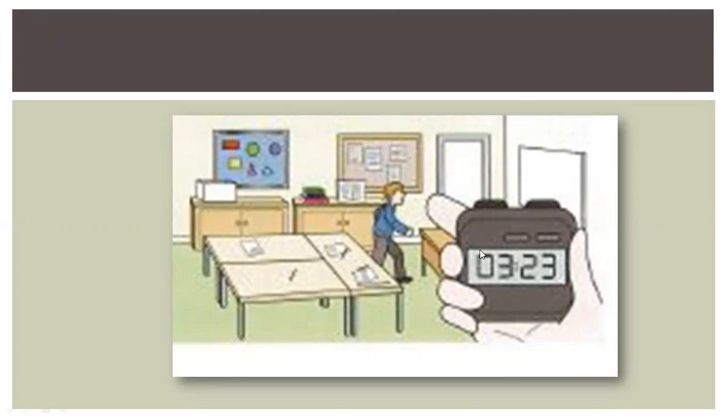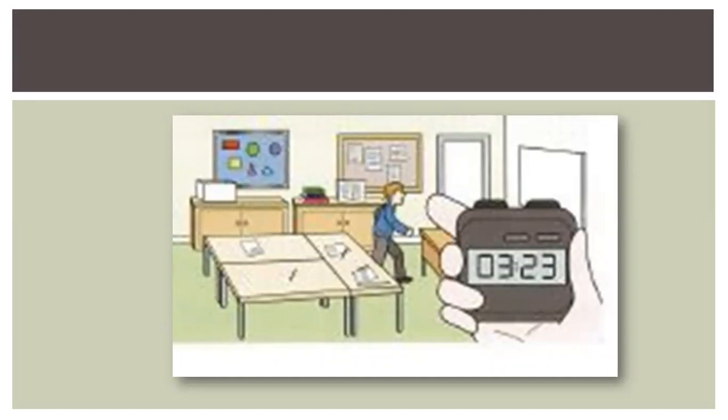How many? 3 minutes and 23 seconds. Understand, boys? So Mikhail took 3 minutes and 23 seconds to walk around the classroom 3 times.